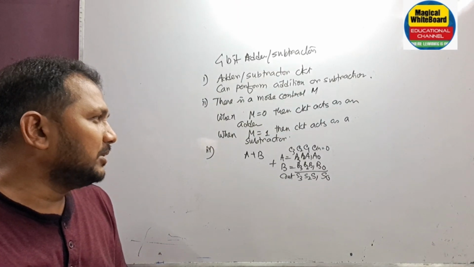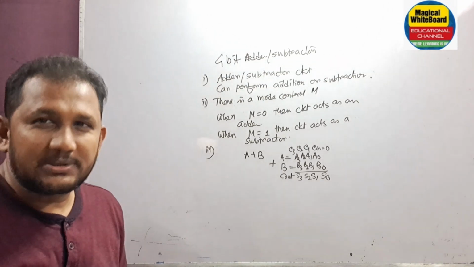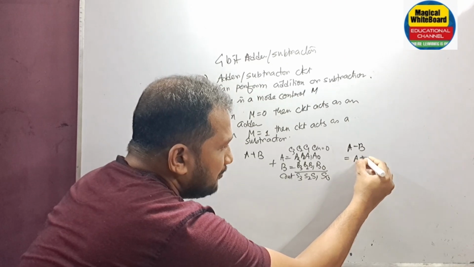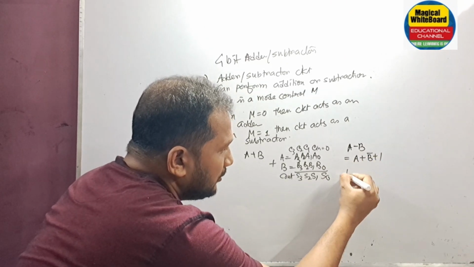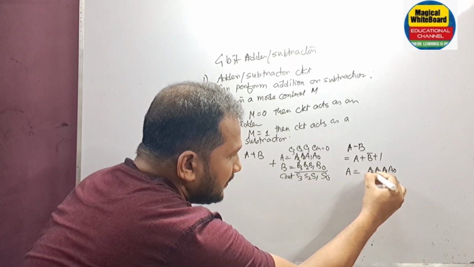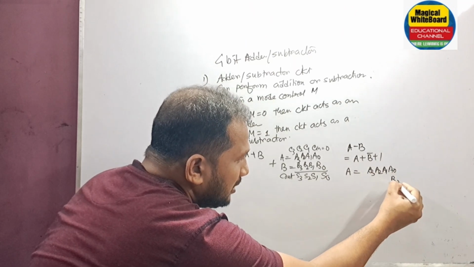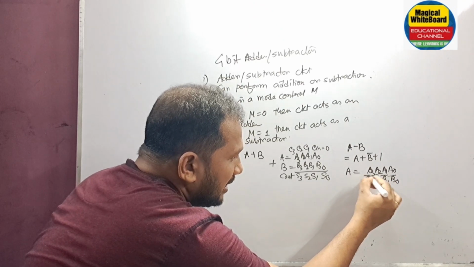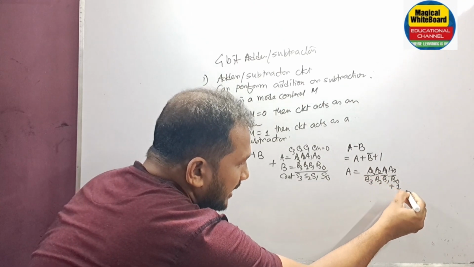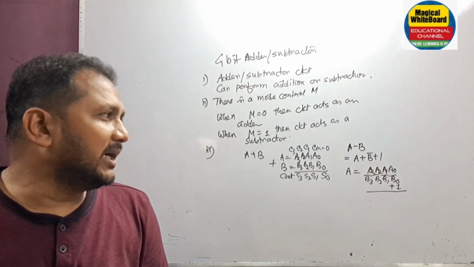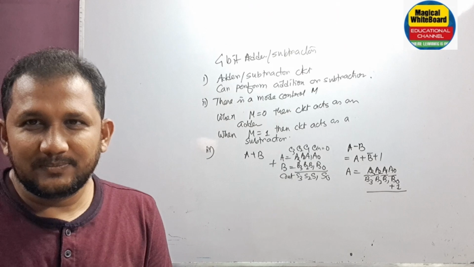Now this is the addition of 4-bit numbers, and in case of subtraction, that is a minus b, we have to perform a plus b bar plus 1, that is a equal to a0, a1, a2, a3, and b0 bar, b1 bar, b2 bar, b3 bar, and there is a 1 bit addition in the LSB bit. So we have to design these operations.